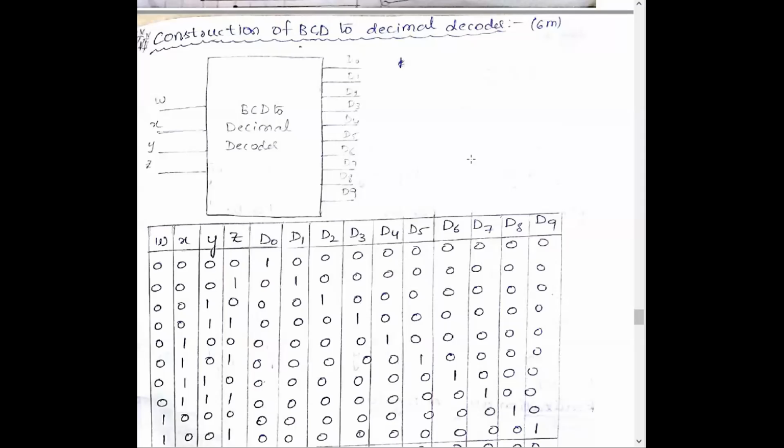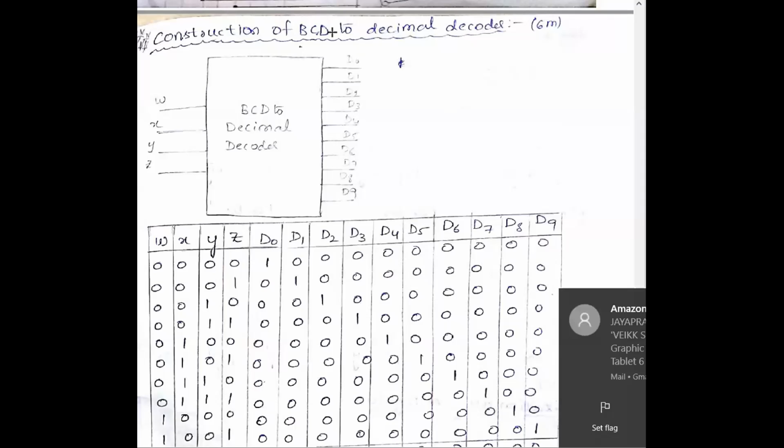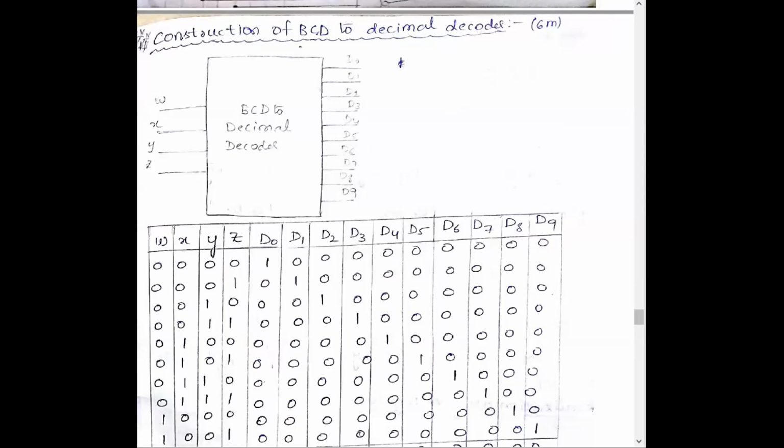Therefore, to realize this, since the BCD number is an 8421 code, we have a 4-bit representation. Therefore, we have taken the 4 bits as WXYZ. WXYZ are the 4 inputs, and we are converting this into a decimal, the numbers 0 to 9.